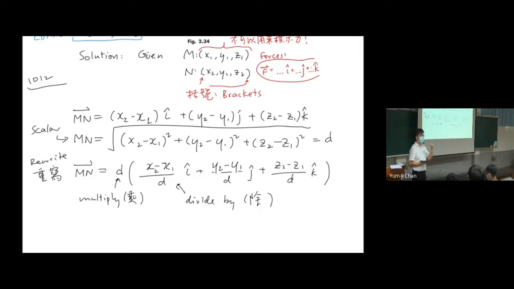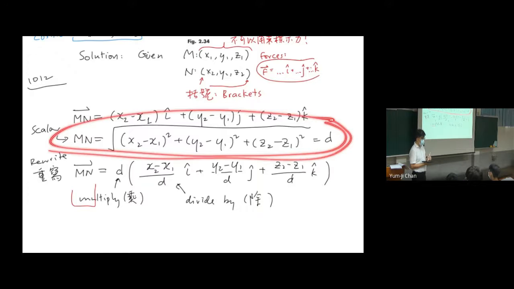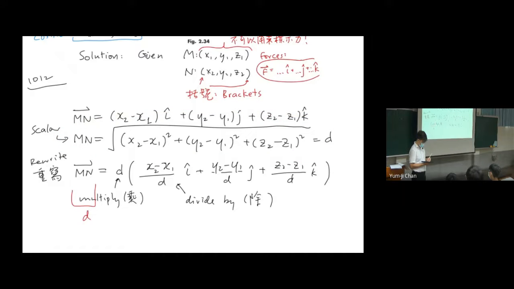Now we use the same logic we used before. What's the magnitude of MN? As we have written here, the magnitude of MN is d, right? And the magnitude of this one is d, of course, because it is a scalar.